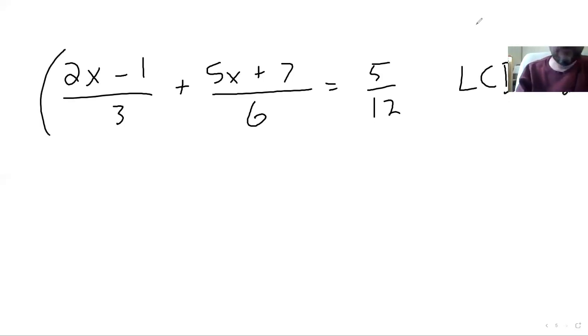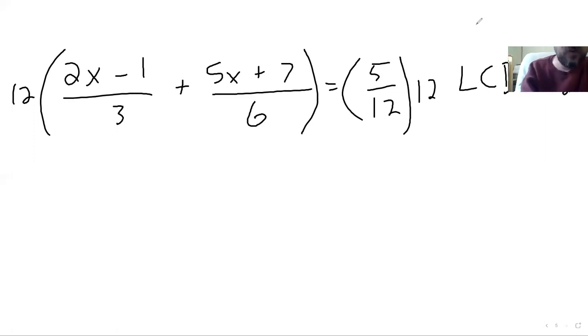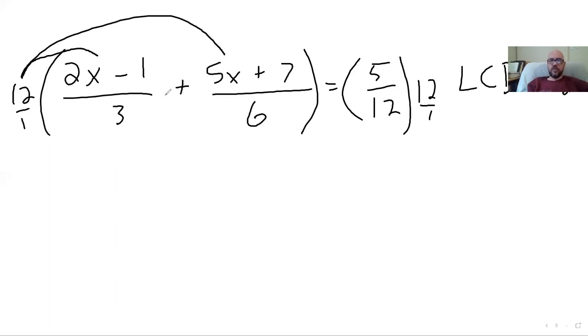is this. Now, you can think of this as 12 over 1 if you want to. I guess I will. On the left side, let me point out that we have to use the distributive property, right? So this 12 goes to this and also to this. So both of them get their own fresh copy of 12, right?